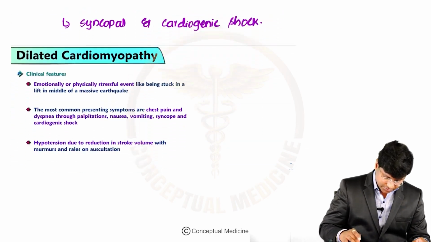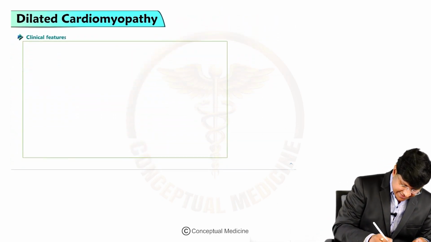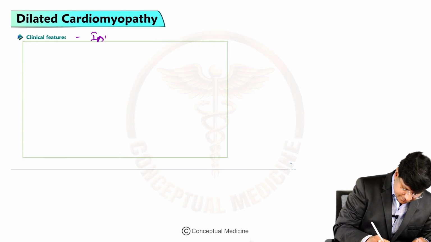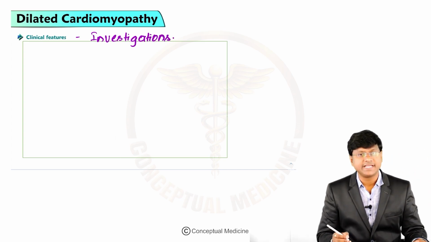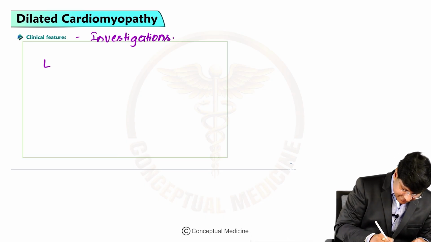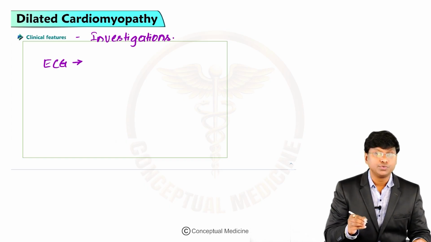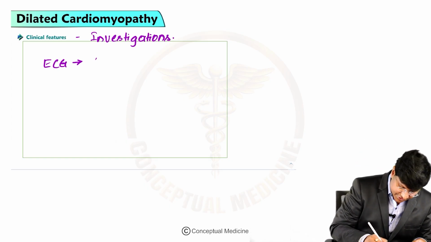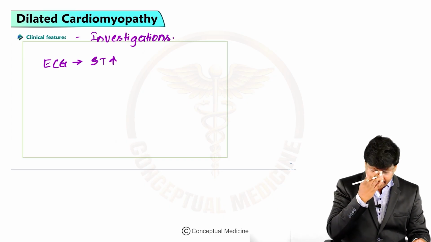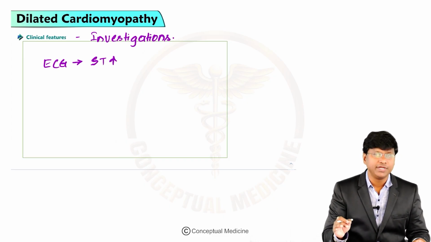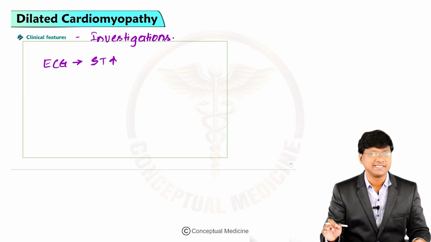Next, coming to the investigations in these patients. ECG will show you the presence of ST segment elevation, and there is apical ballooning, that is myocytolysis.